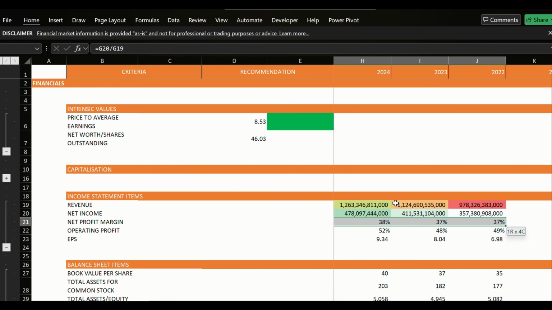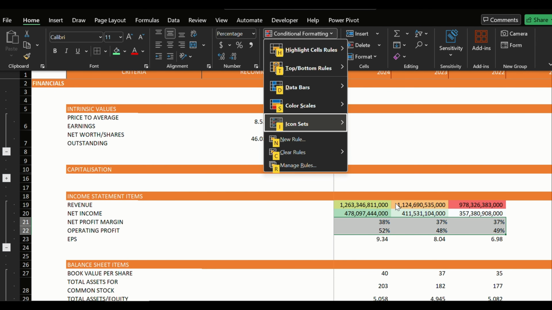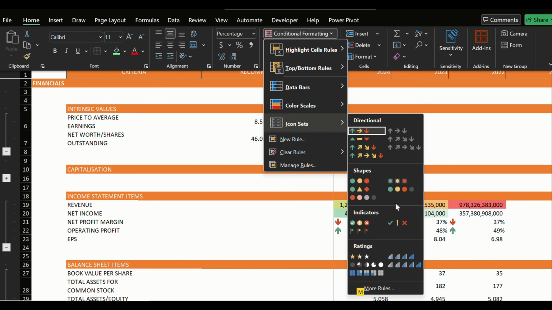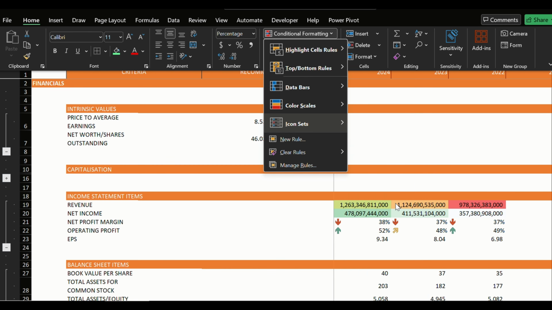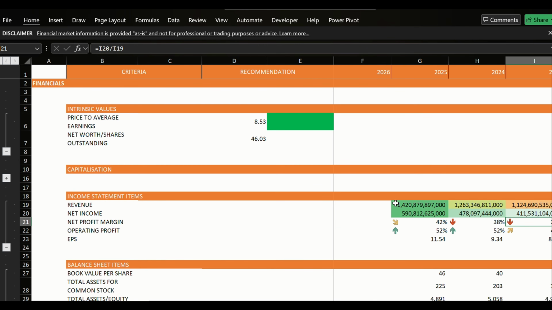So you can see it has been becoming great over the years. Use icons for the squares.